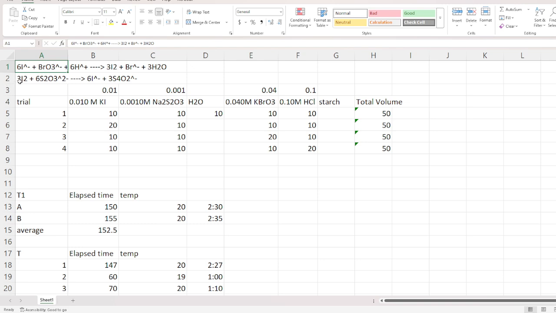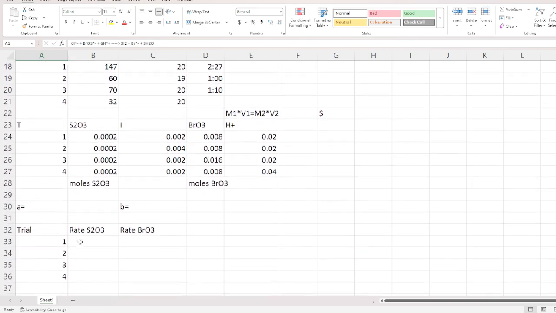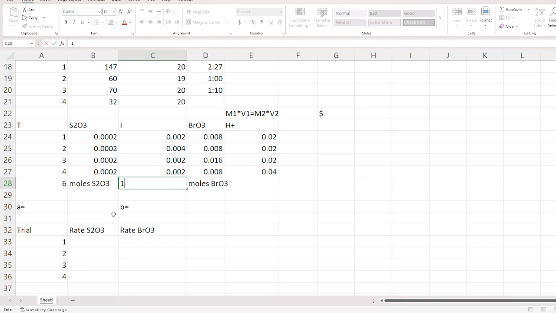For every 3 iodine, 6 thiosulfates turn it back into 6 iodides. So for every 1 bromate needed to consume the first reaction, 6 thiosulfates convert it back. So we need 6 moles of thiosulfate for every 1 mole of bromate.